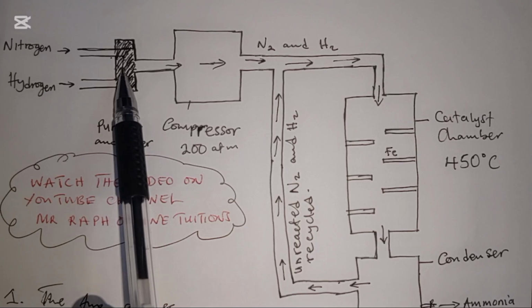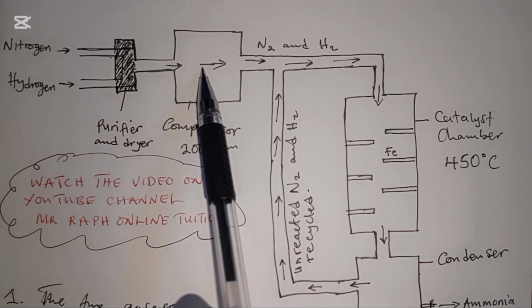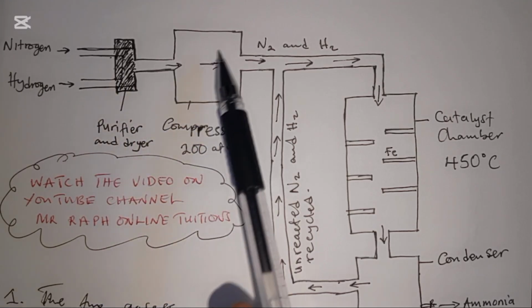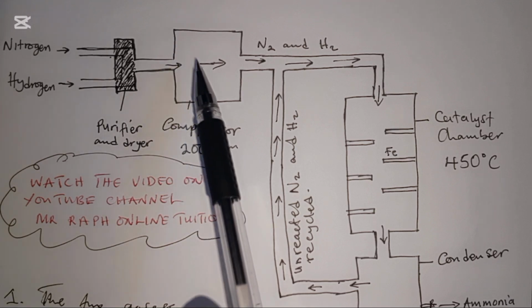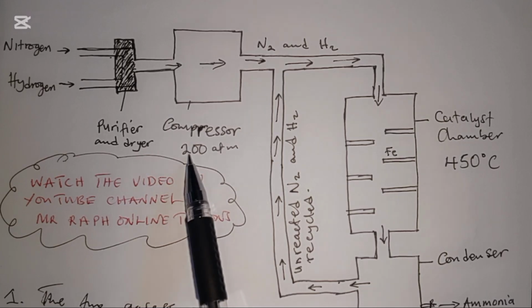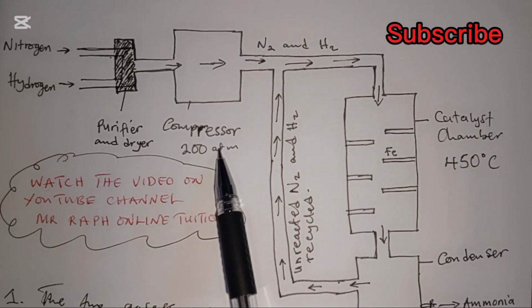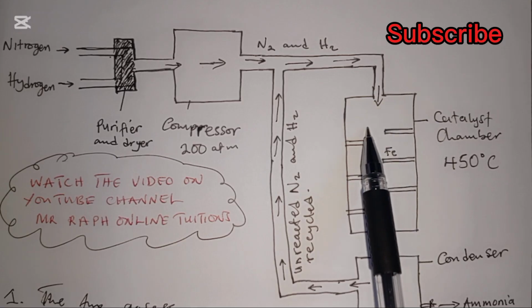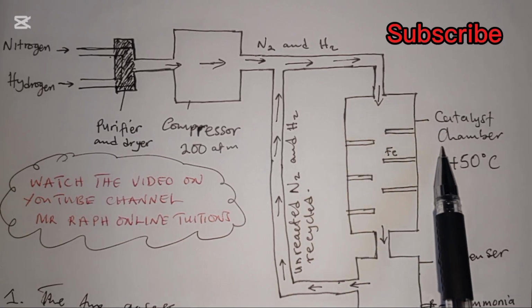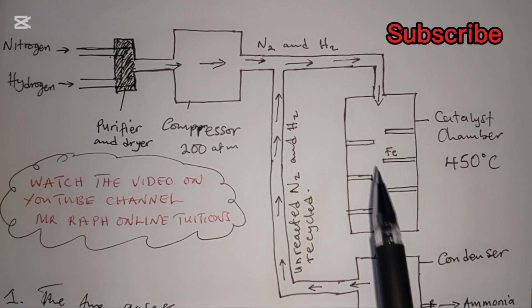Once they are dried, they enter the compressor. Here nitrogen and hydrogen are compressed to 200 atmospheric. Then they enter what we call the catalytic chamber or catalytic converter.